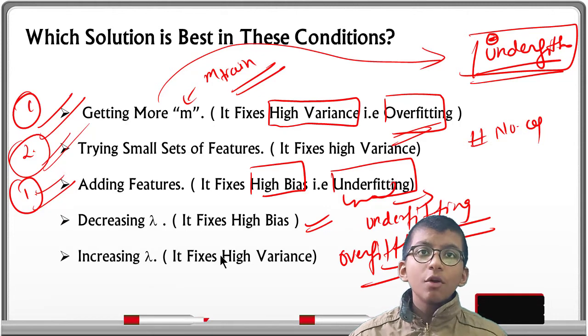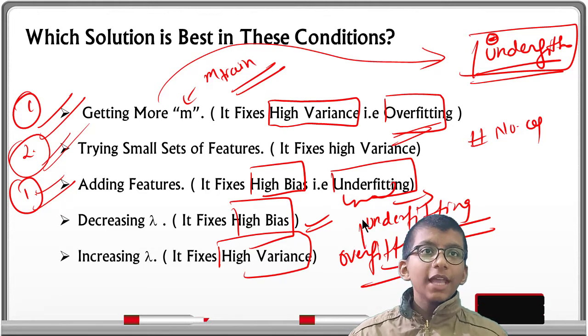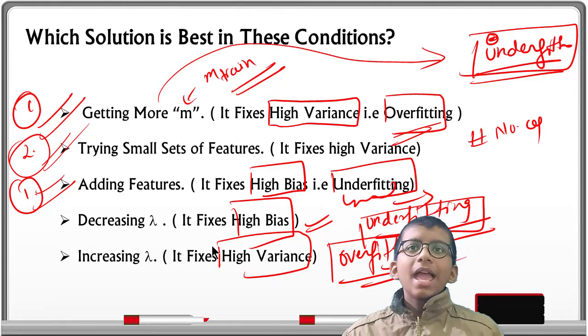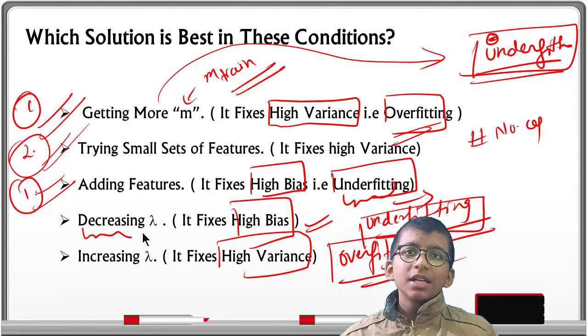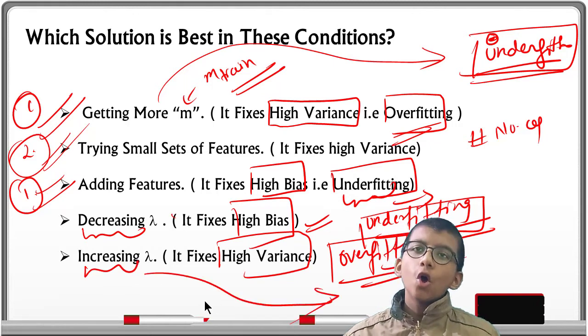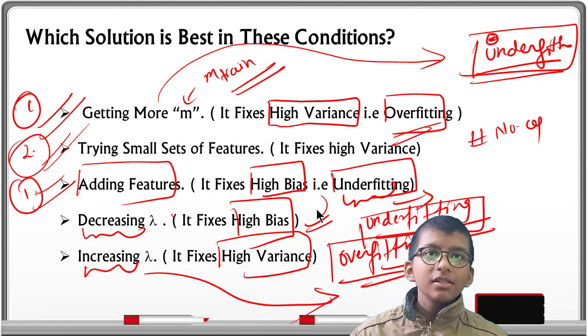You will often hear about high variance and high bias, so be sure to check it out. Decreasing lambda fixes underfitting and increasing lambda fixes overfitting. Adding features fixes the high bias.